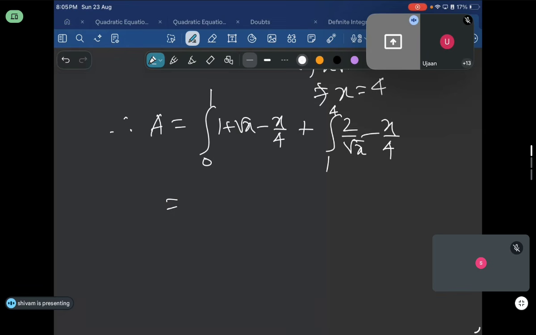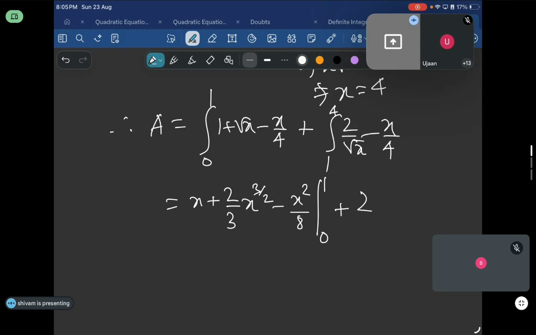Right, Rishabh, are you getting? X plus x power half plus 1 divided by half plus 1, that means 2 by 3, x to the power 3 by 2, minus x square by 8, we need to substitute from 0 to 1, plus 2 by root over x means x to the power minus half. So 2 into x to the power minus half plus 1 divided by minus half plus 1.